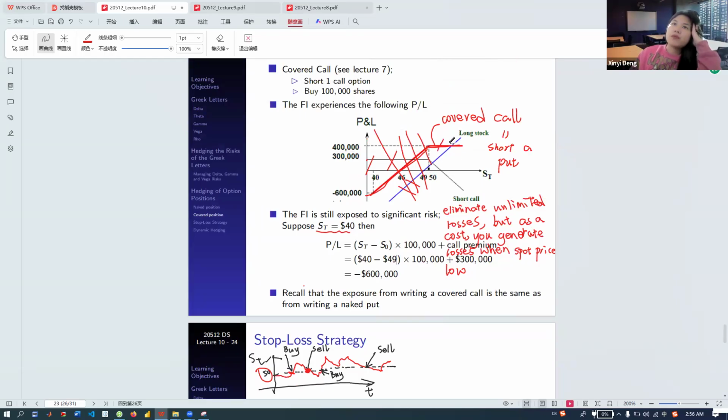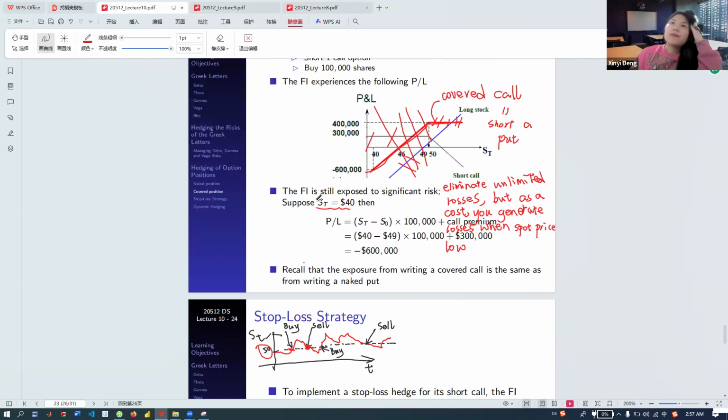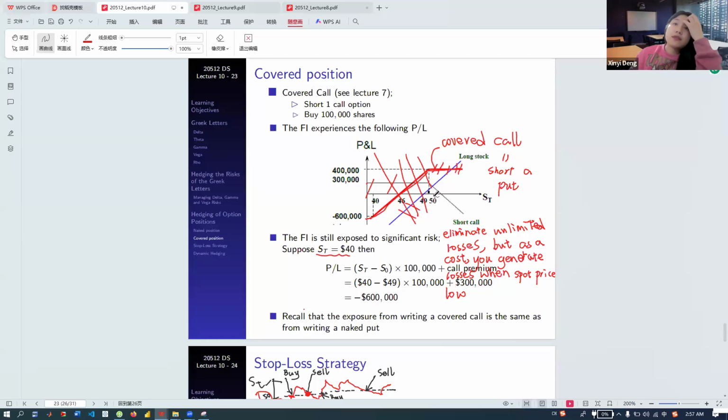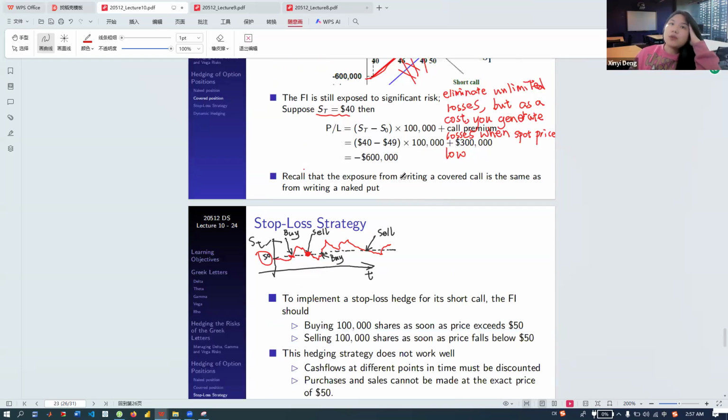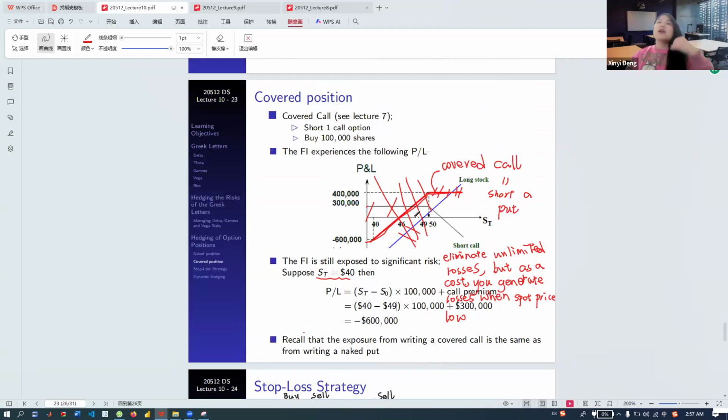So we will be able to achieve this right hand side of the red curve. And for the left hand side of the strike price, when the spot price is lower than 50, we are shorting the underlying. For that scenario, now it will just improve this curve, right? You can see that for this curve, we are generating losses for extremely low spot prices.